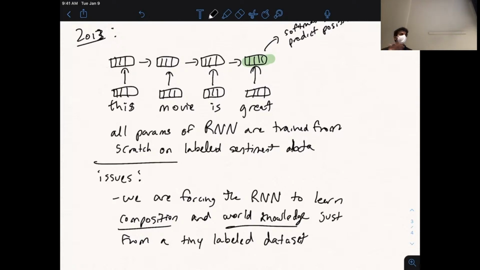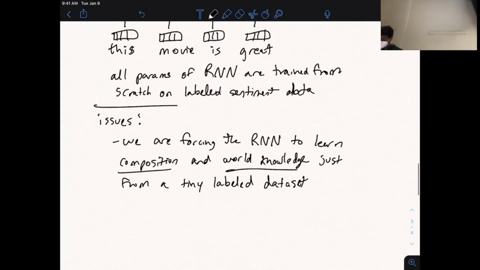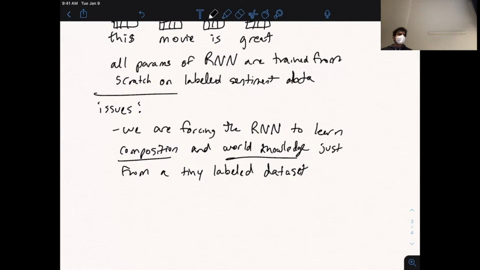You might be able to draw some patterns, like great and awesome are usually correlated with positive and terrible is negative, but you might not understand the reputation of a brand, or be able to put words together to form compositions. If you say something is "so bad," that doesn't mean it's bad, that means it's like not so bad. So it's really not great to make a model learn everything it has to know about language from just a tiny labeled data set.